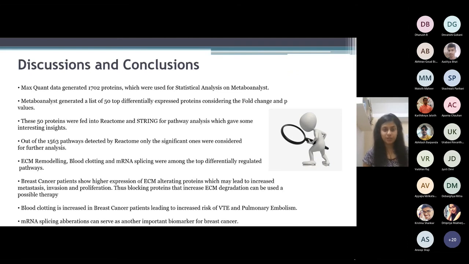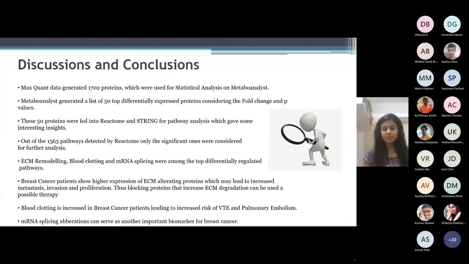These 50 proteins were used for pathway analysis on STRING and Reactome. Out of all the 1563 pathways detected by Reactome, only the significant ones were considered for further analysis. Among the top differentially regulated pathways were ECM remodeling, blood clotting, and mRNA splicing.